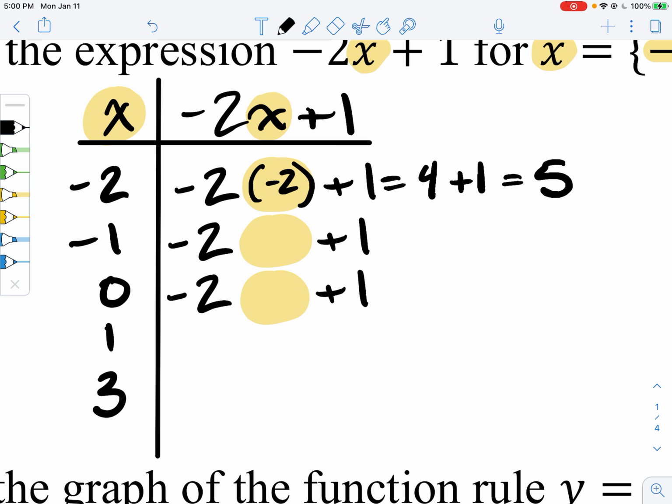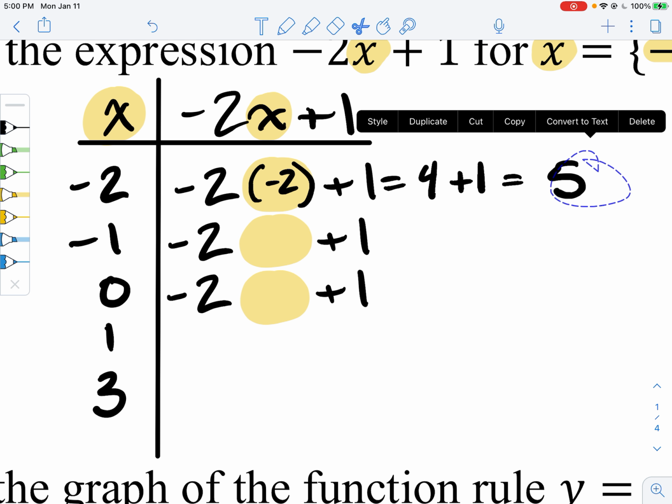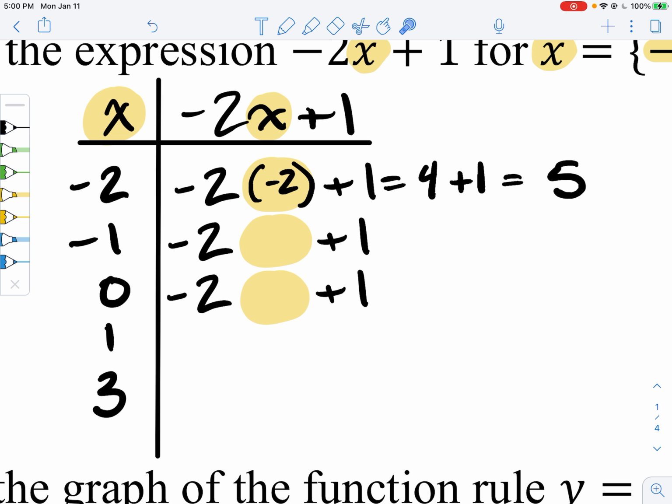So that's our first answer. It's 5. When x is negative 2, this expression is 5. Nice. Okay, I'm going to highlight it a little bit as my answer. There we go. Okay. Moving on.